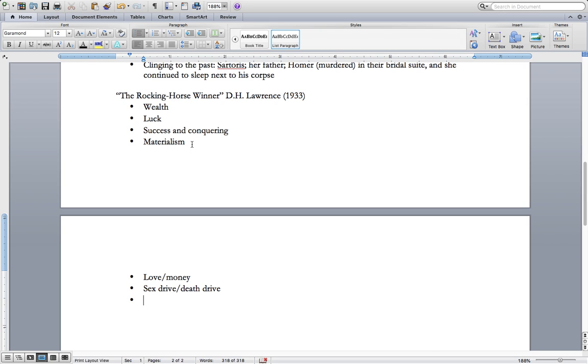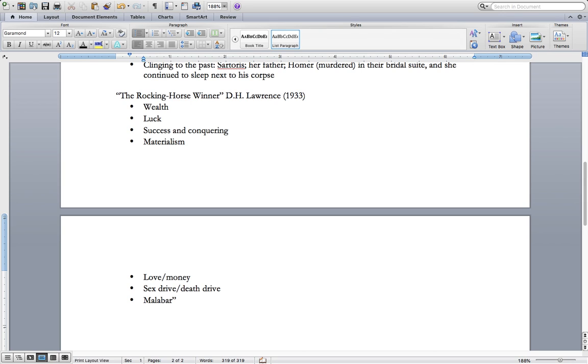There are definitely some cautionary warnings in this story, but how you talk about the cautionary warnings is up to you for interpretation, as long, again, as you point to the text.